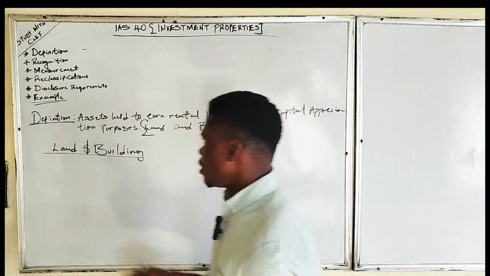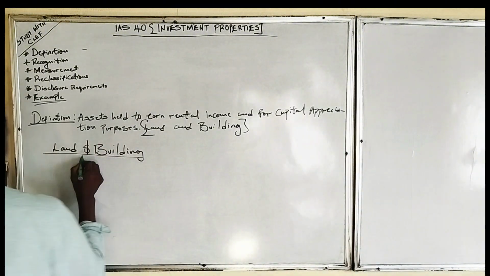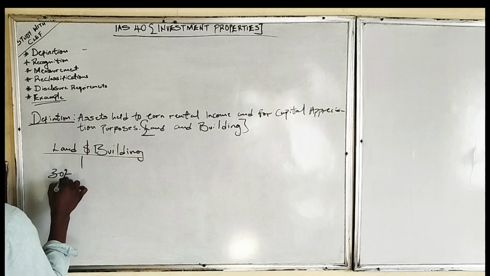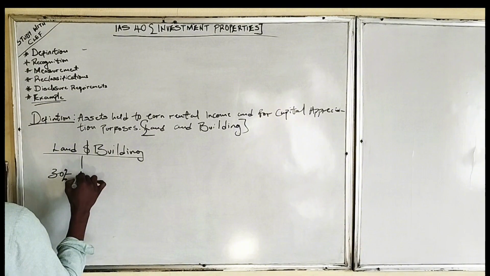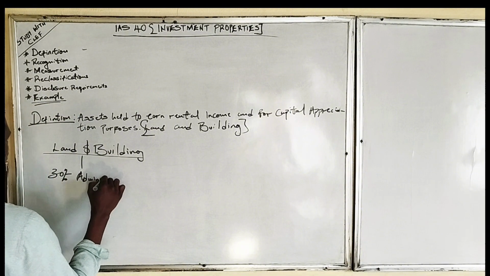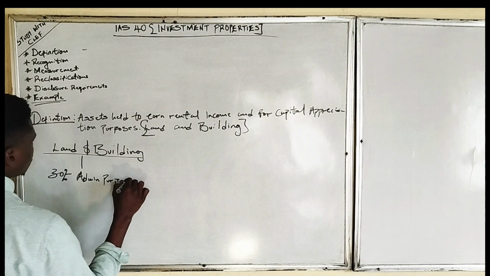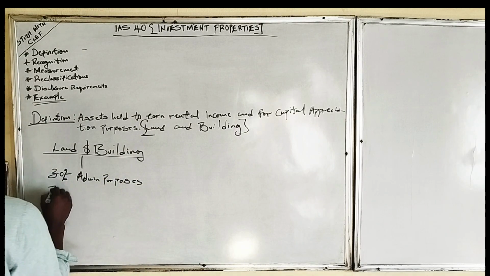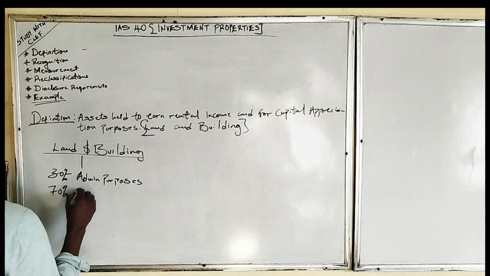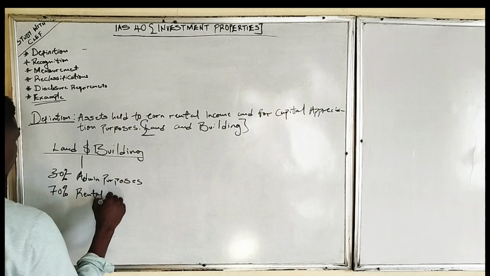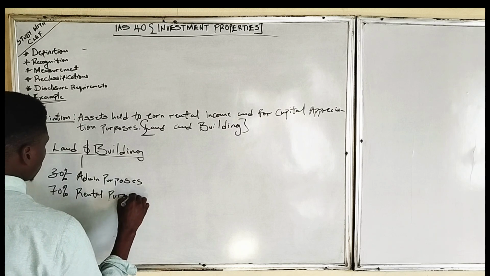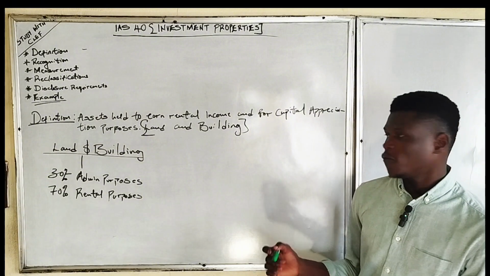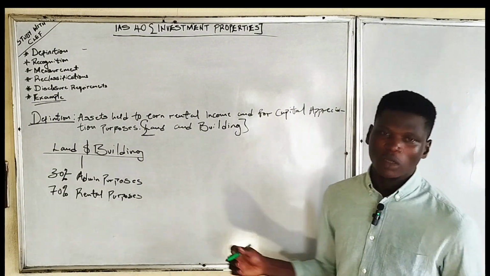This may be divided: if the proportion we are using for administrative purposes is 30%, and then we use 70% for rental purposes, then this can be classified as investment property, so far as we are using the larger portion of the building for rental purposes.